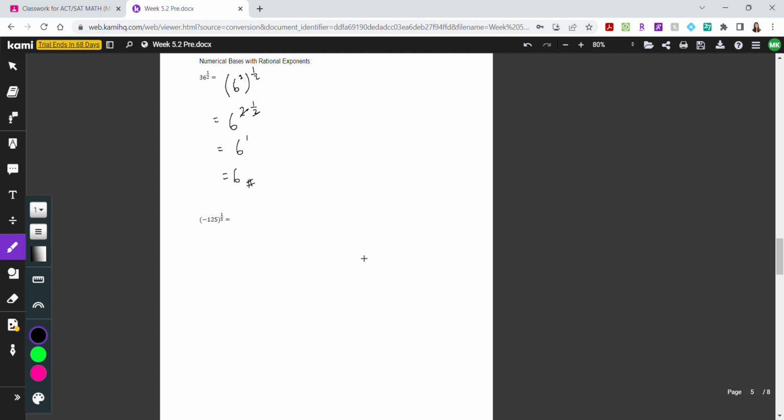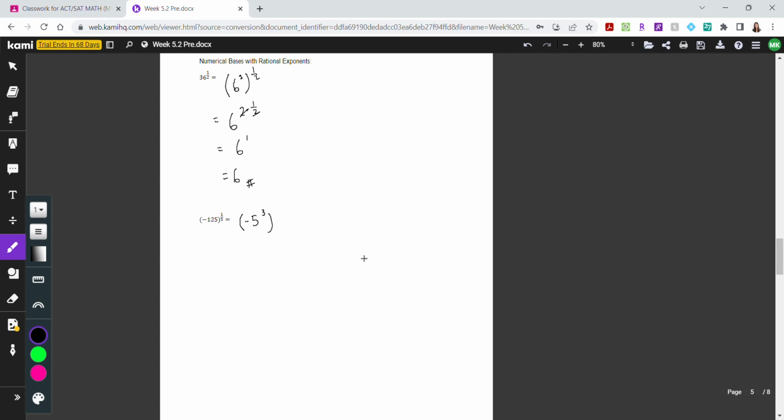All right. Now let's look at the bottom. We have negative 125 to the power of 1/3. Because it's a third, the denominator of your rational exponent will give you a clue of how they relate. Something to the power of 3 will give me negative 125. I know that number is going to be negative 5 to the power of 3.